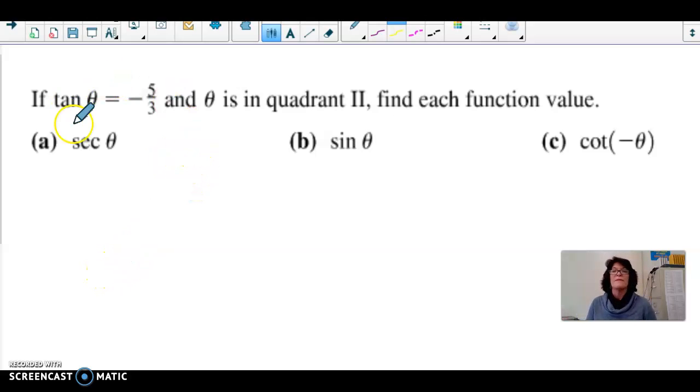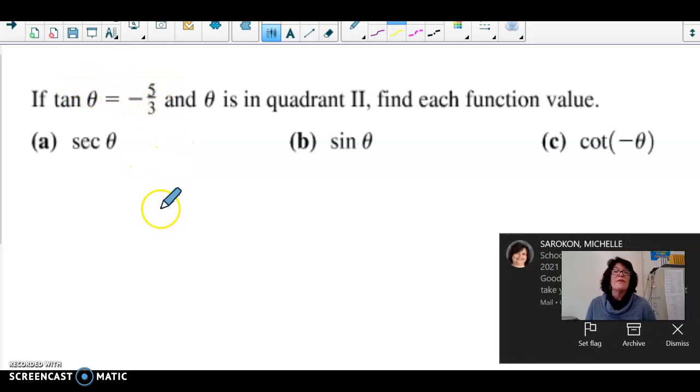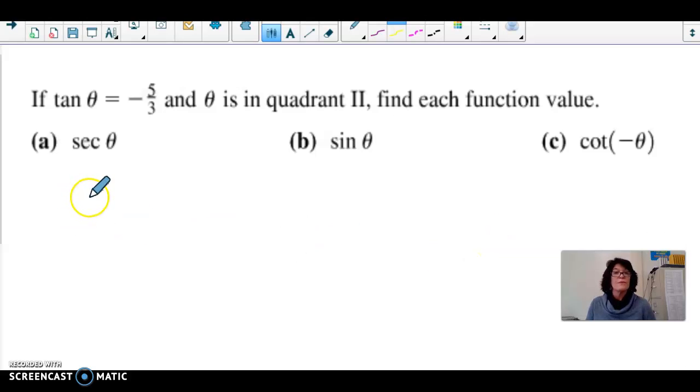Kind of algebraic. So here, tangent of theta is -5/3, and theta is in quadrant 2. We're still going to have that idea of when things are positive and negative. Tangent's negative in quadrant 2. We get it. The x-coordinate is negative, the y-coordinate is positive. They're asking us to find each functional value.